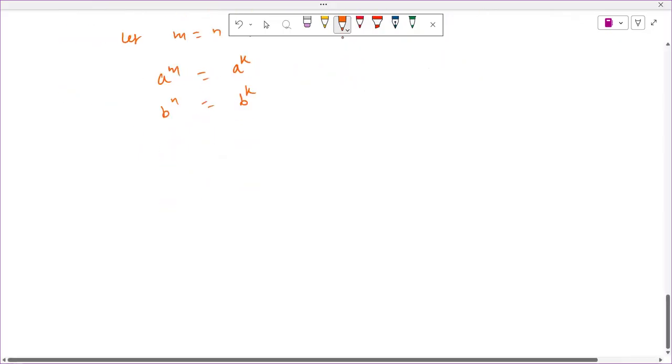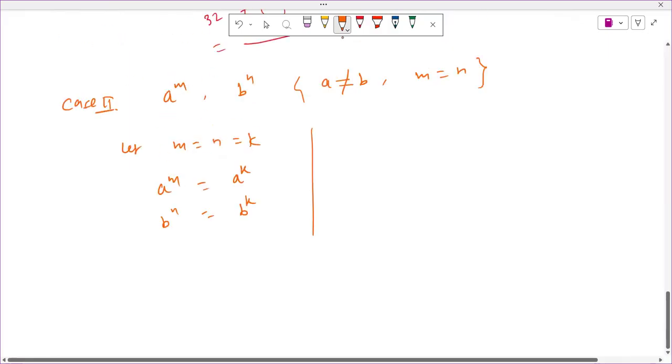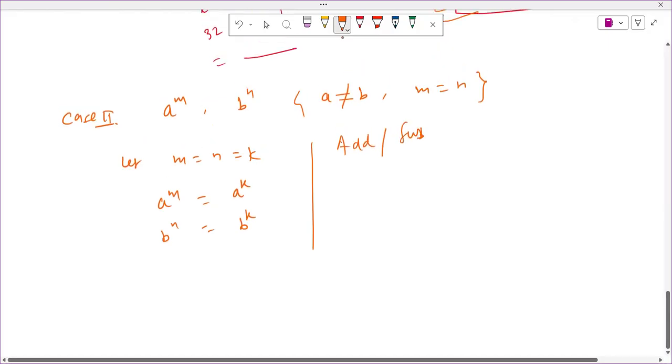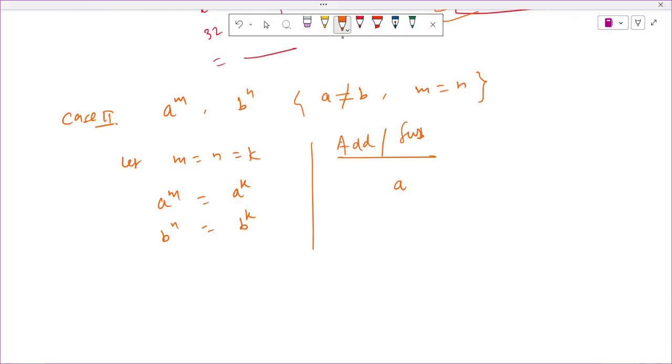Now let's see addition and subtraction in a different way. If we are adding a to the power k plus b to the power k, right?